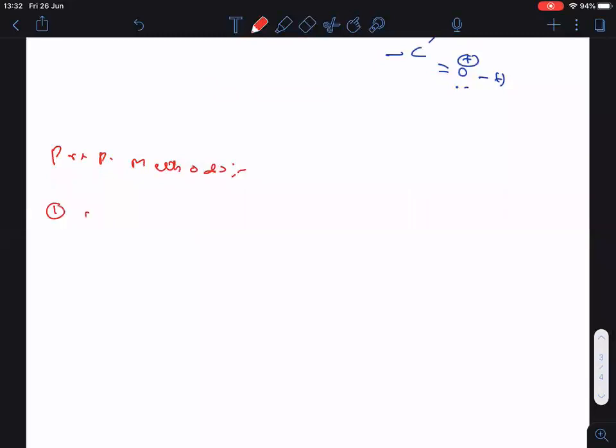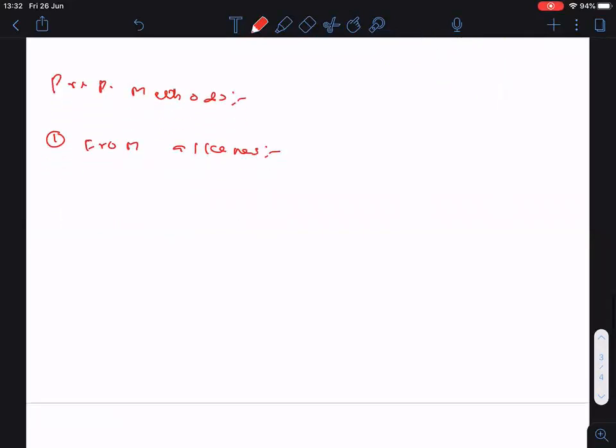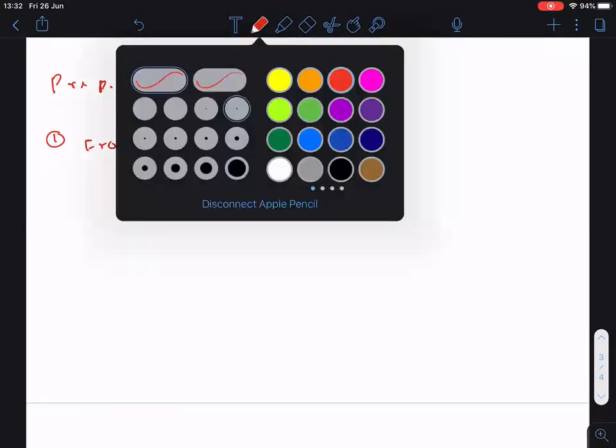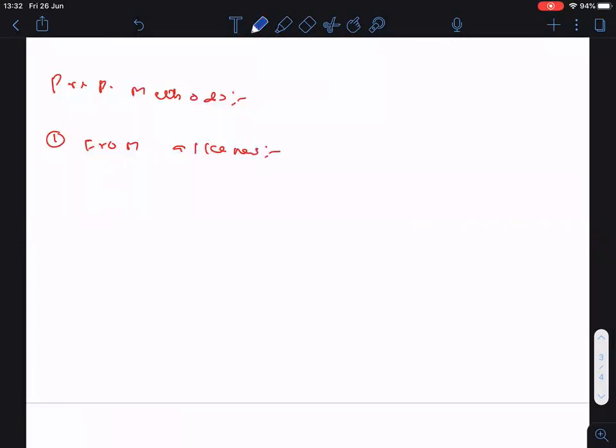Clear? In that, the first one is from alkenes. In alkenes, one important point to be discussed here. So, what is that important point I am writing here?